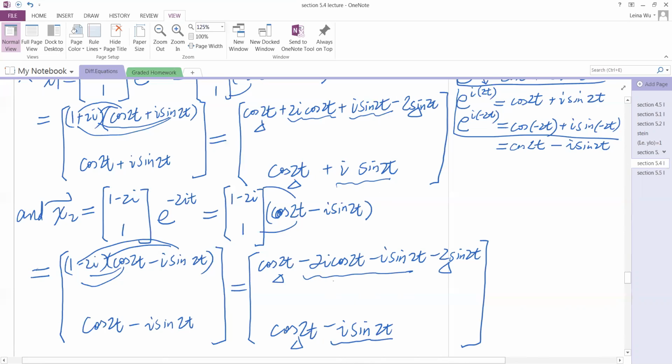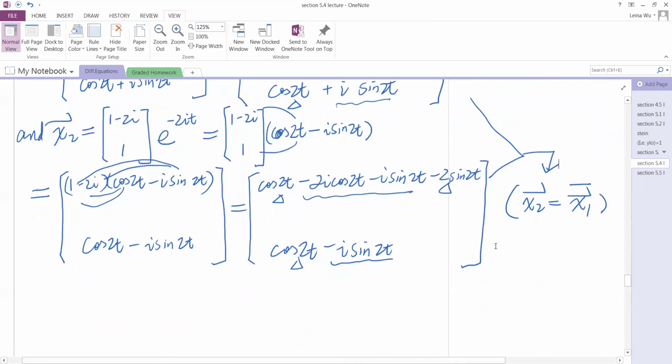So the x2 vector is the conjugate of the x1 vector. See that?